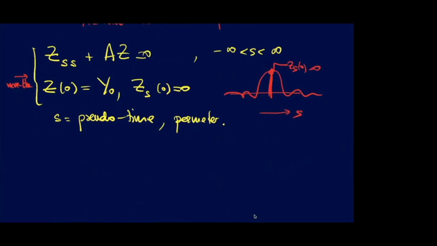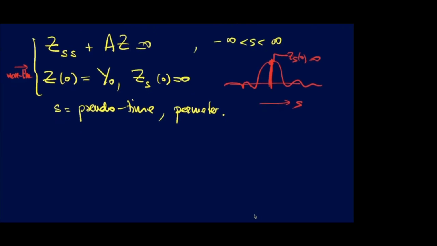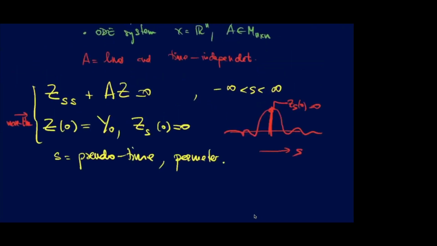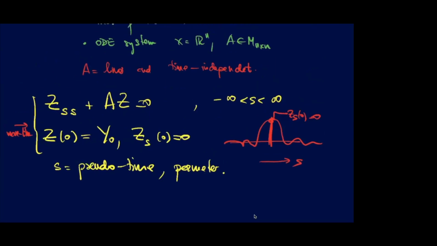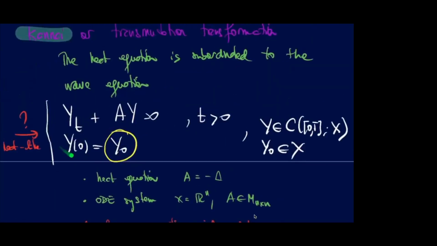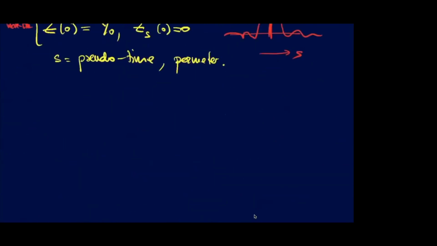Then the Cannes transform says, okay, so if you know how to solve this equation, then you also know how to solve this equation. Why? Because my claim is the following.